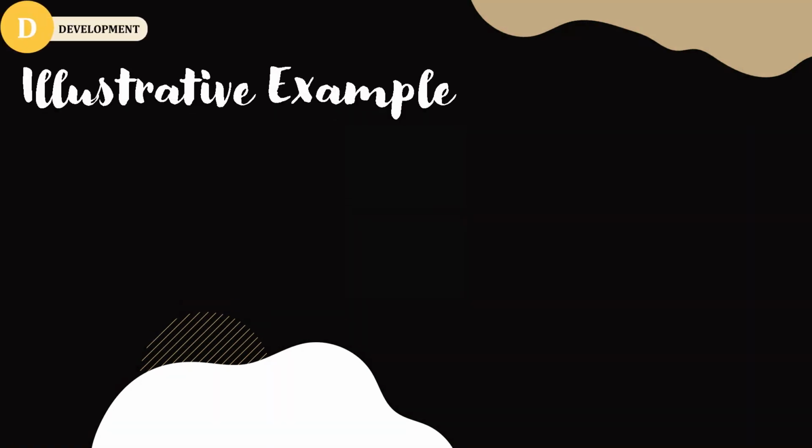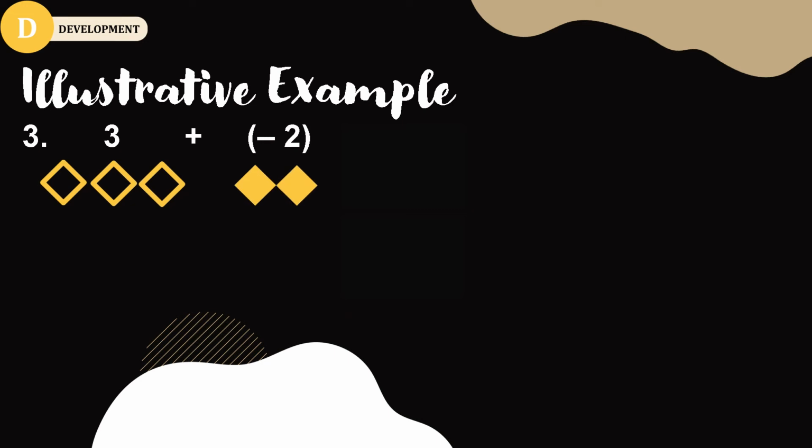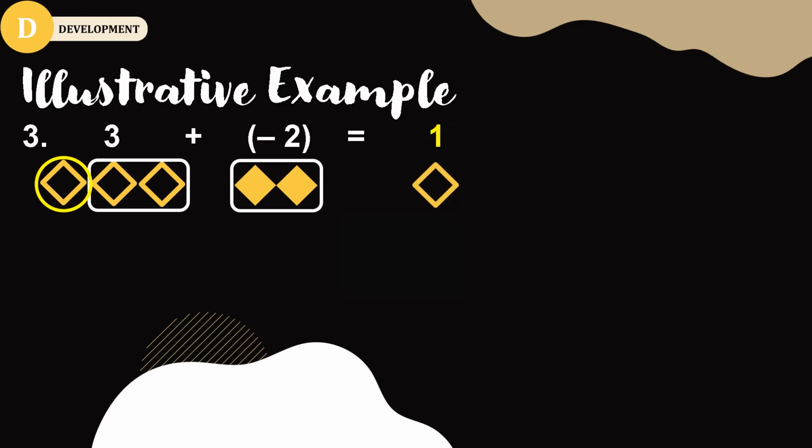Now, how about if we have unlike or different signs? For example, 3 plus negative 2. Notice we have zero pairs. Therefore, the remaining is the answer, which is positive 1. Another example, negative 3 plus 2.